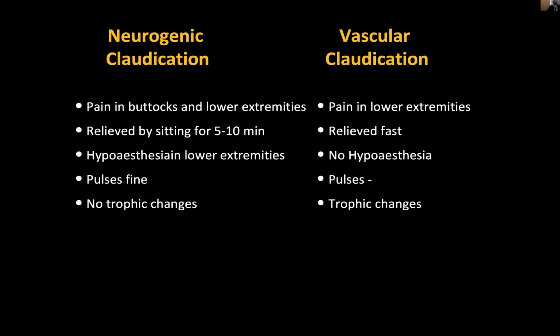So there is a difference between neurogenic claudication and vascular claudication. The patient has pain in the buttocks. The pain relieves in 5 or 10 minutes, but in vascular claudication the relief time is fast. The patient may have hypoesthesia, the pulses are fine, and there are no trophic changes in neurogenic claudication.